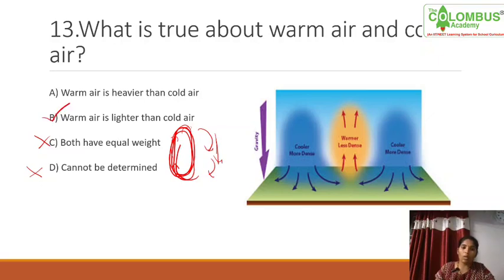Warm air is lighter than cold air. So cold air is more dense than warm air. That's why all our ACs are fitted at the top level, because the warm air will escape up and the cold air will move down. So warm air is lighter than cold air.